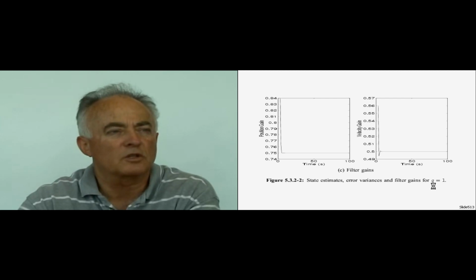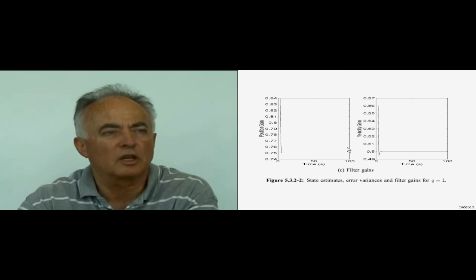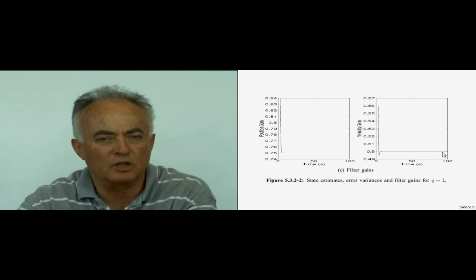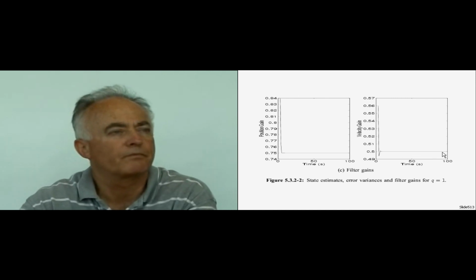And you can see that the velocity gain, again, in a small number of steps converges to a constant. And these are non-zero constants.